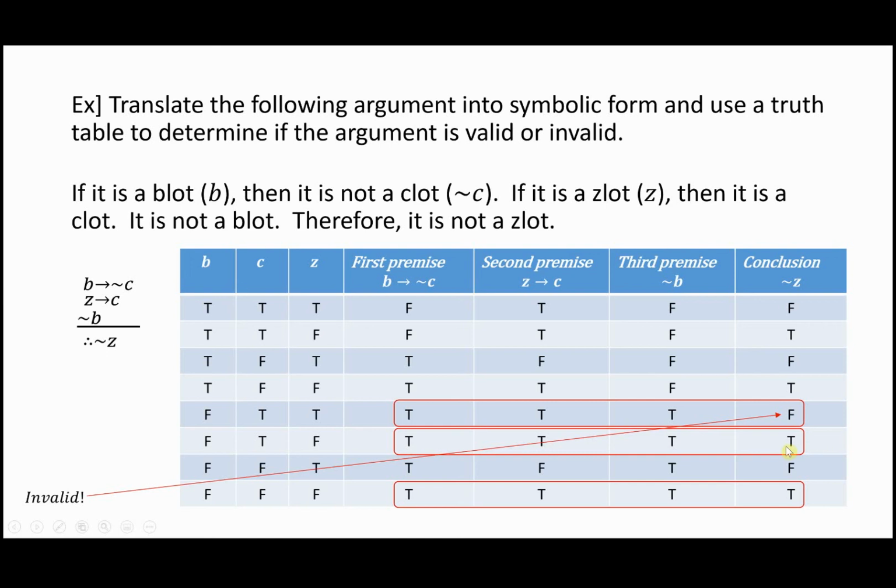It doesn't matter that this case exists or this case exists, in which we have true premises and a true conclusion. You are looking to see if, in this case, T, T, T, F from left to right exists. If you have true premises and a false conclusion, the mere existence of it invalidates the argument. So therefore, in this example, this argument is invalid.